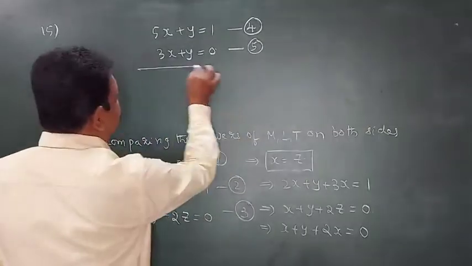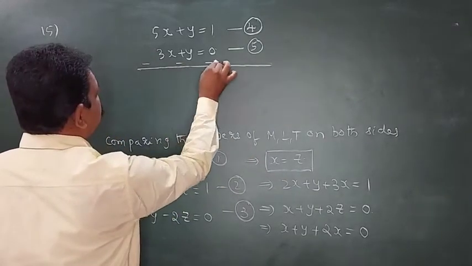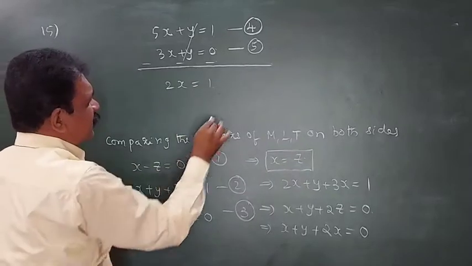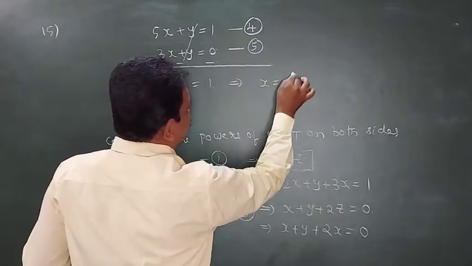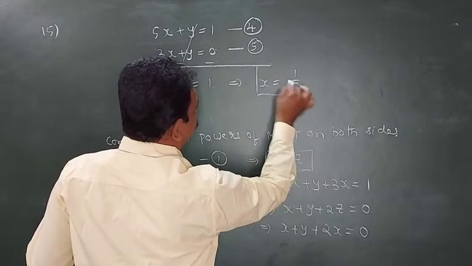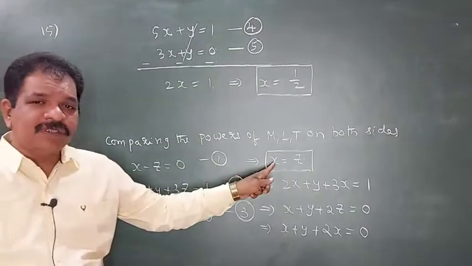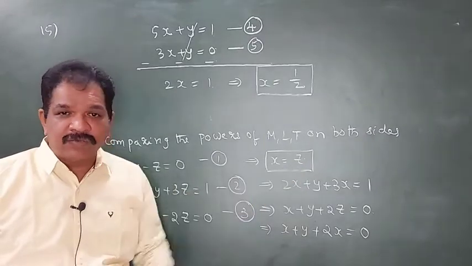Simple only, we just have to have a little patience. If we subtract these two, y cancels. 2x is equal to 1, x is equal to 1 by 2. x is equal to 1 by 2 means automatically z is equal to 1 by 2.